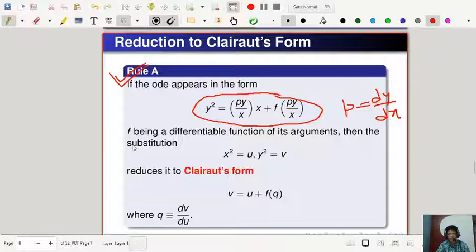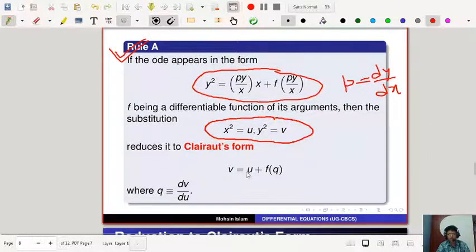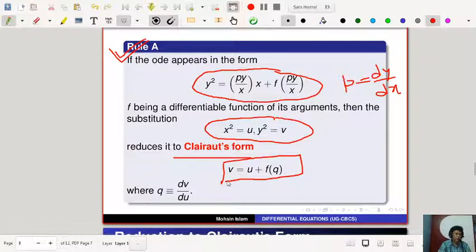So F being a differentiable function of its argument, then the substitution x square equal to u, y square equal to v reduces it to Clairaut's form, and the form will be v equal to u plus function of q, where q is dv du. Okay, so this is rule A.